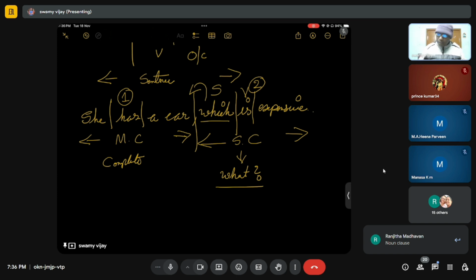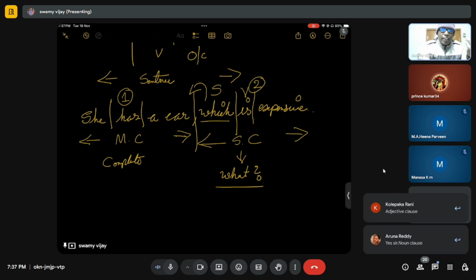Okay, Ranjita, noun clause is sent. Others, my question is, third question is, in this sentence, which is expensive is a clause, which is a subordinate clause, that we understood. Now tell me, which is expensive is what type of clause? Somebody is sending it's a noun clause, somebody is telling it's an adverb clause, somebody is telling it's an adjective clause.